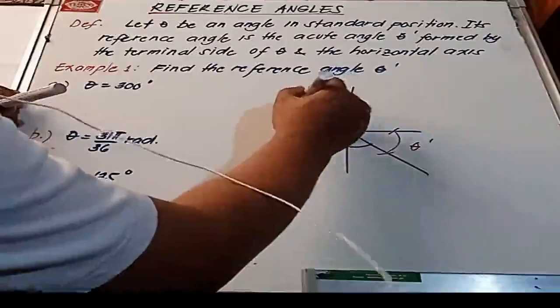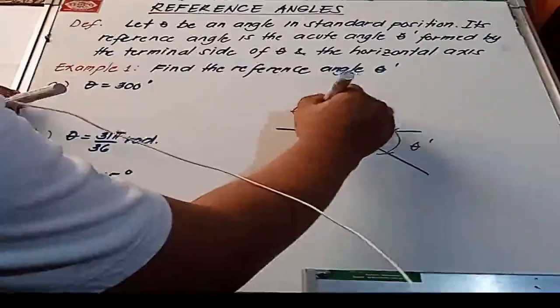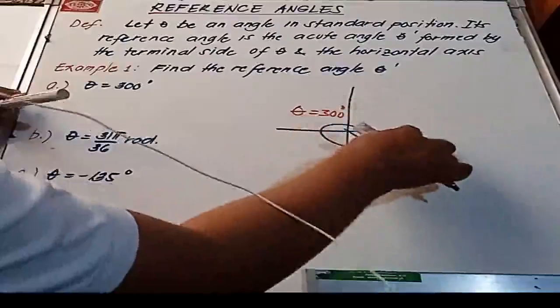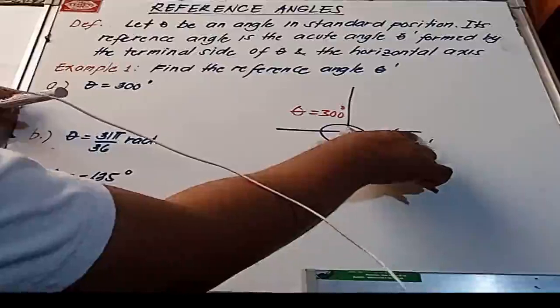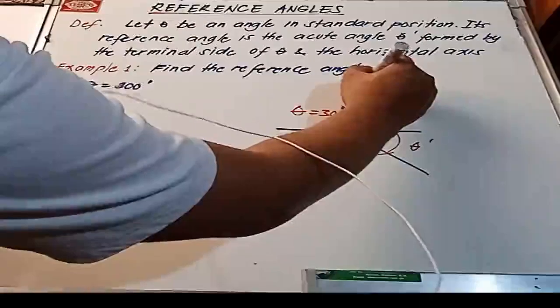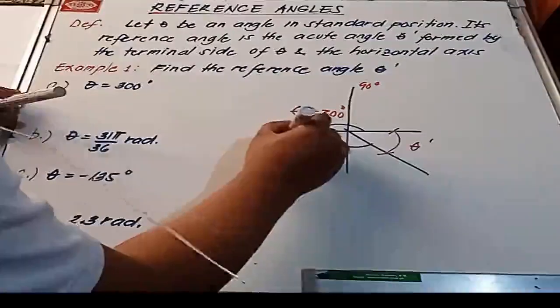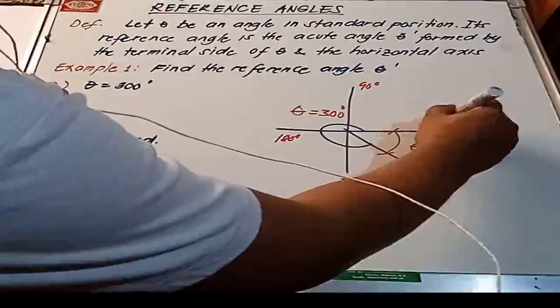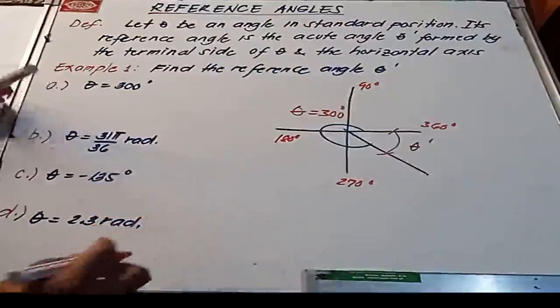So ito yung ating 300 degrees. Okay. So from the positive x-axis up to the positive y-axis, that is 90 degrees. Di ba? Ito ay 180 degrees, 270 degrees, and 360 degrees ay one complete revolution.